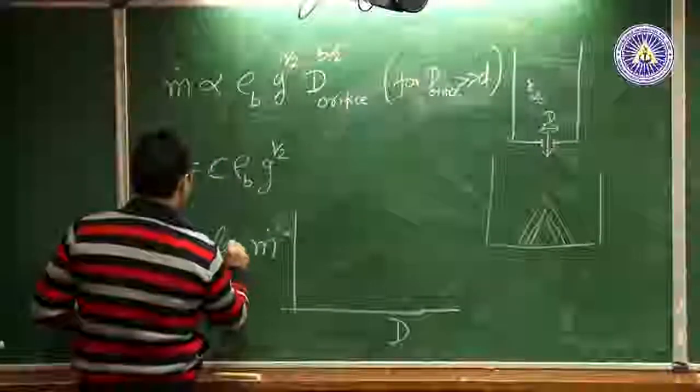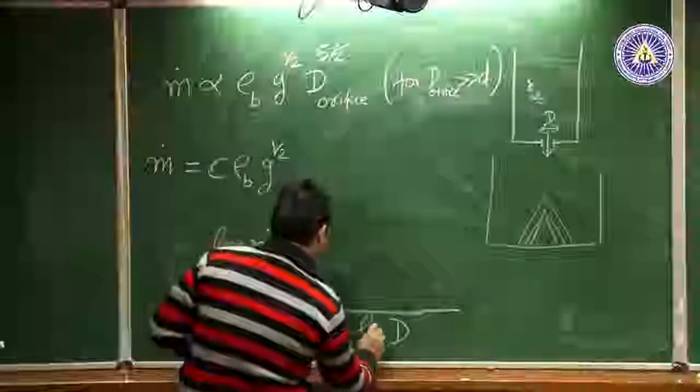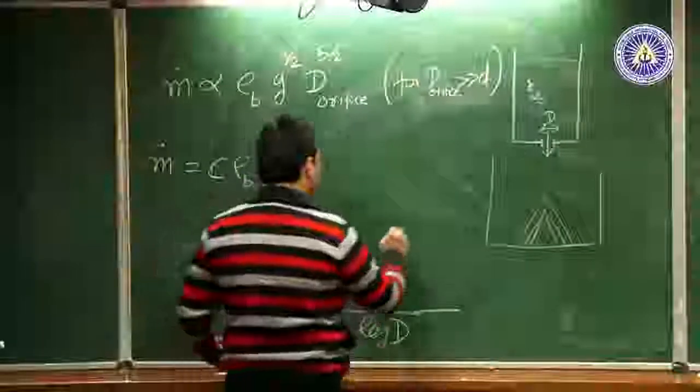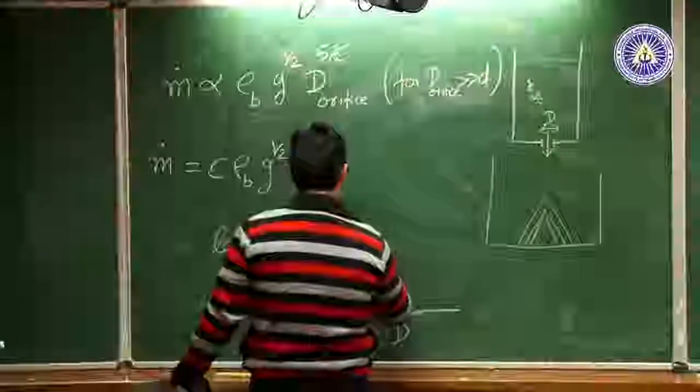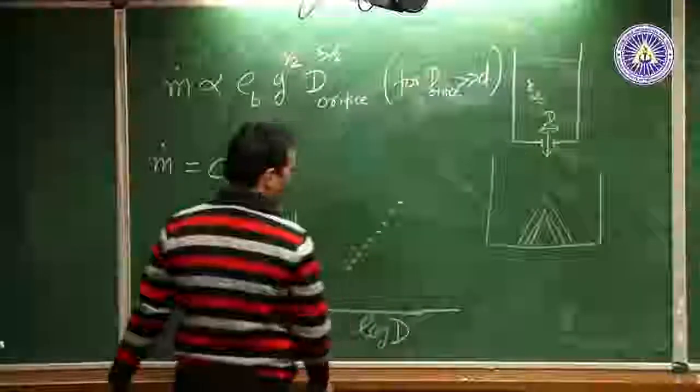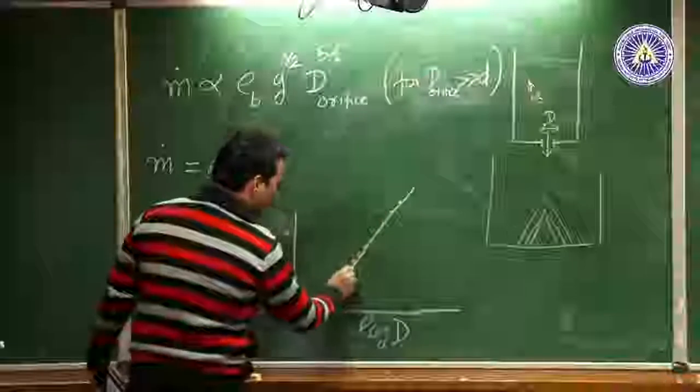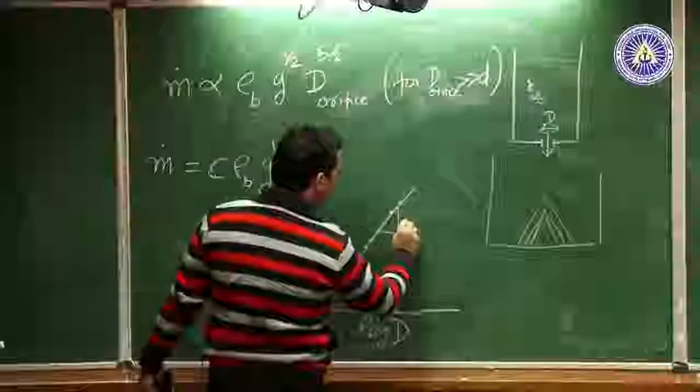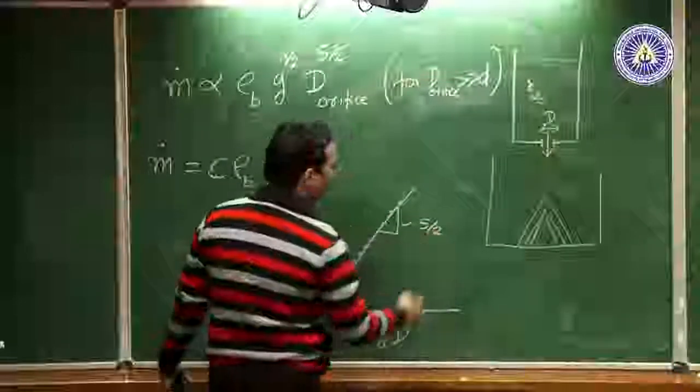So if you plot log of m with log of d, what you observe is a fairly linear variation, with the slope being approximately 5/2.